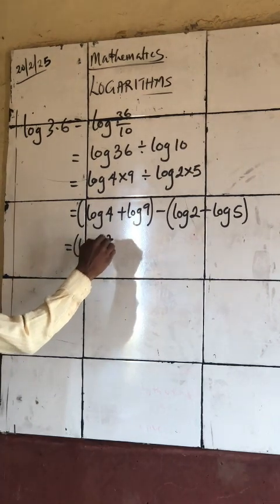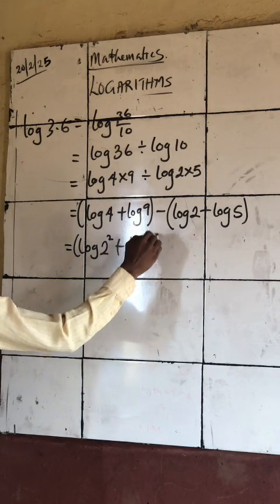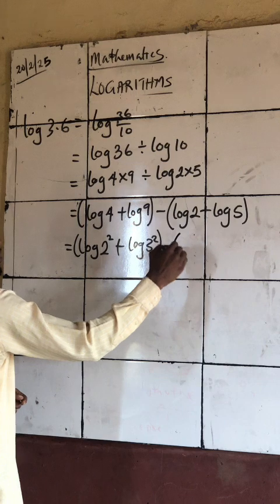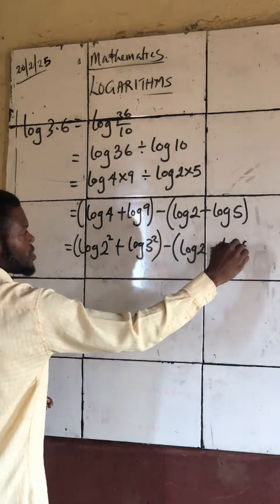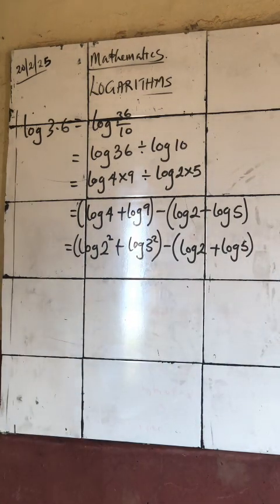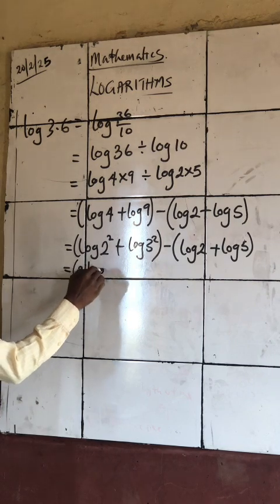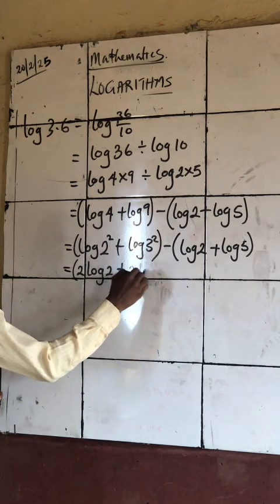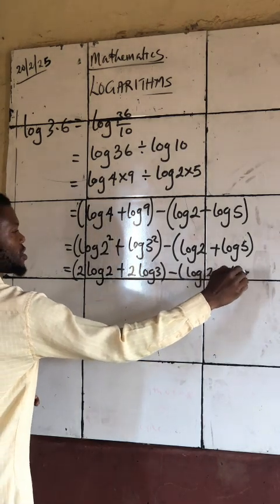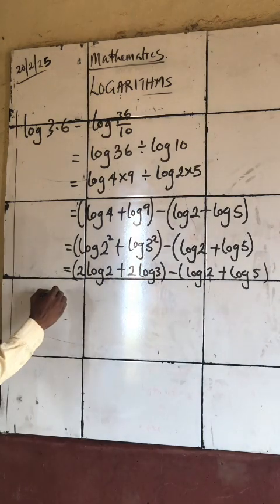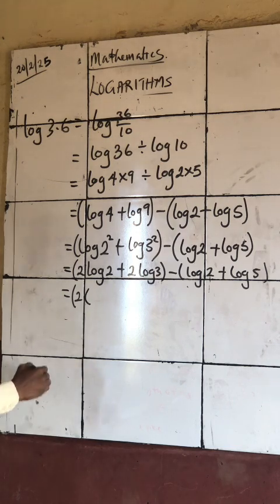Now this one will give me log 2 raised to power 2 plus log 3 raised to power 2, then minus log 2 plus log 5. So from here, I will now have 2 log 2 plus 2 log 3 minus log 2 plus log 5. Now from the question, what is log 2?